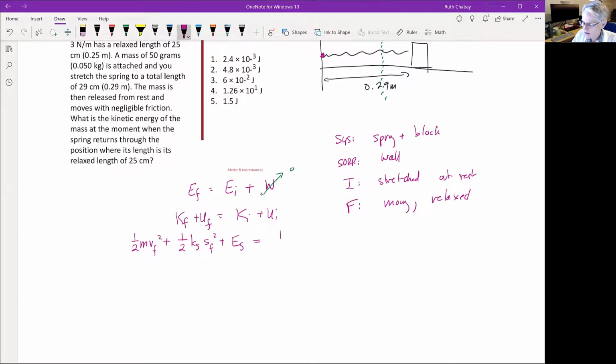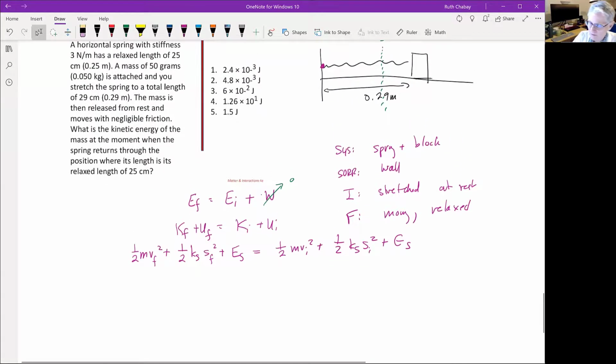Is equal to a half m v initial squared plus a half k sub s initial squared plus E spring. And so we see that this additive constant, E spring, is just going to cancel out, because that constant doesn't change. So we often end up not writing it.